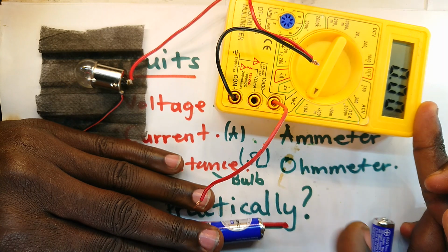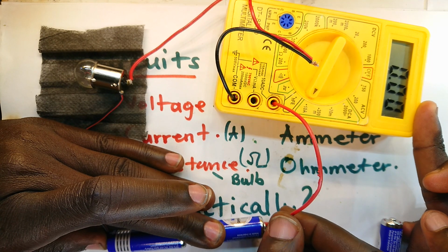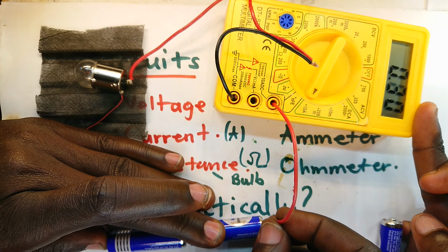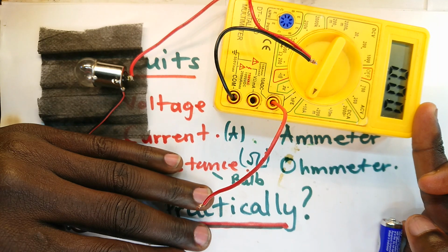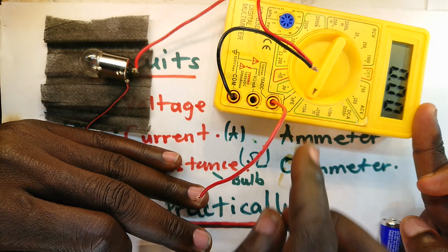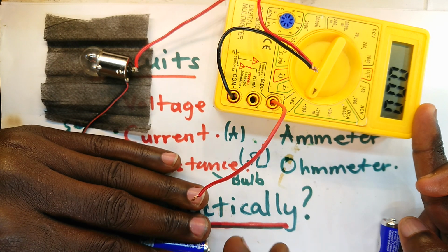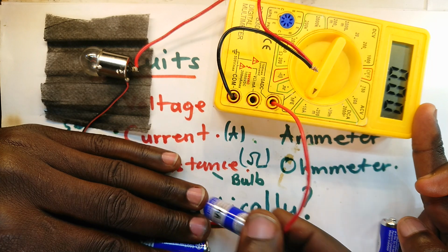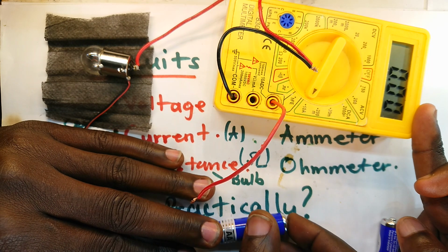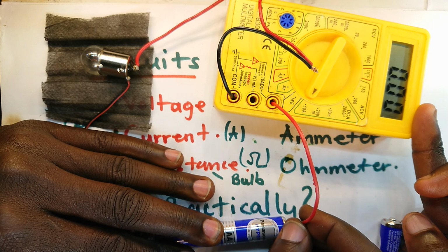Earlier on we said 2 cells was giving us 184 milliamperes. Now since we are on the knob that is at 10, whatever value we get there is in amperes. Actually 184 milliamperes is 0.18 because we just divide that by 1000.